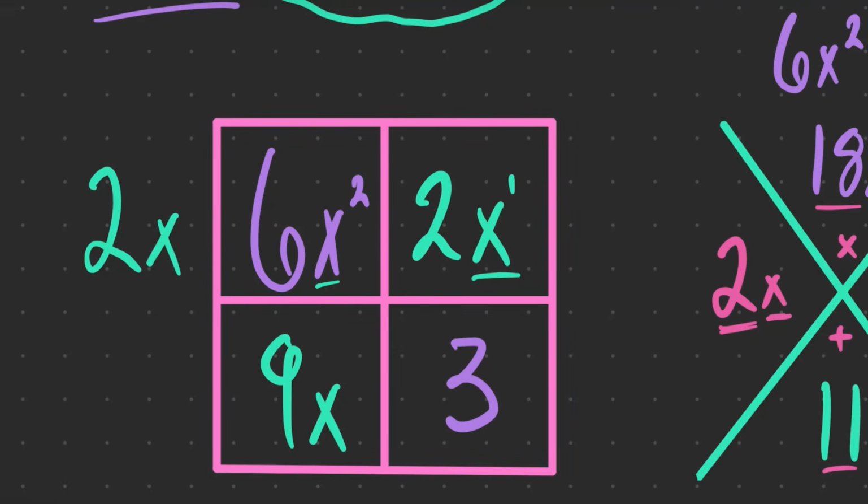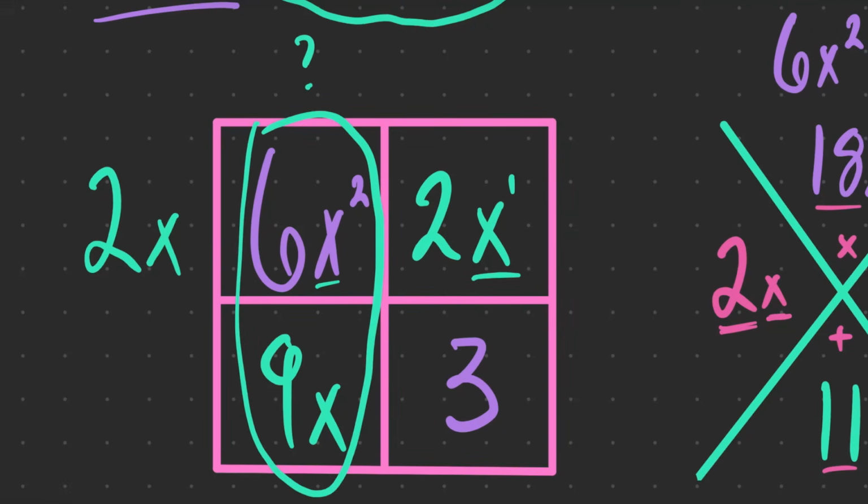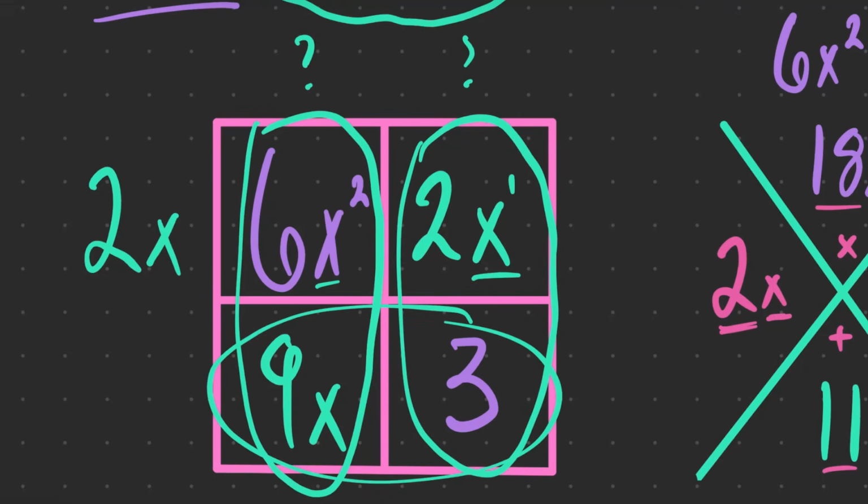Now, what's nice about this method is that you could, if you wanted to, find the GCF of this column and put it here, and this column and put it here, and this row and put it here. It will all work out, and I'll show you how that works in a second.